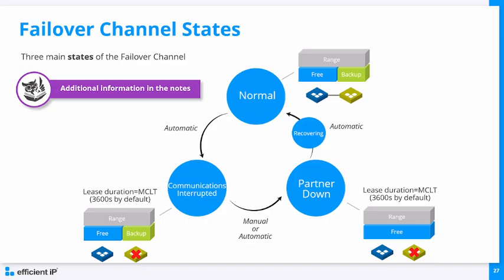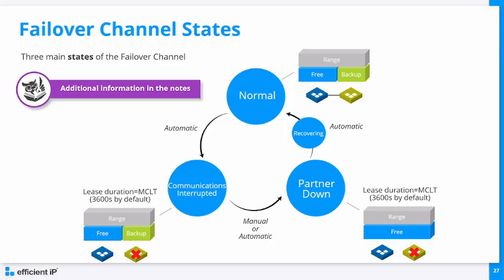Are you clear with that? That is one of the reasons why you want to manually switch to partner down: because the IP to be offered is running out. So the full range can be offered by the surviving DHCP server.